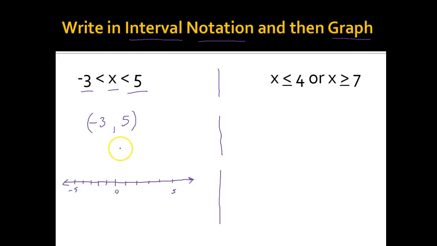And when we say x is less than or greater than but not equal to, that means an open circle on those numbers. So an open circle on the -3, an open circle on the 5. And this is saying that x is a number between those two numbers. So we're going to draw our line between, connecting the two circles.